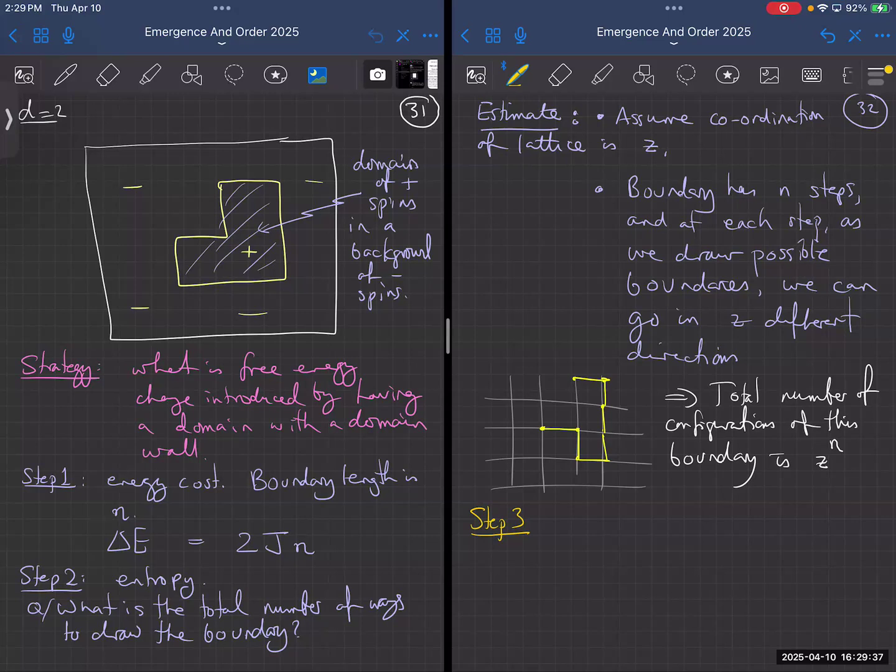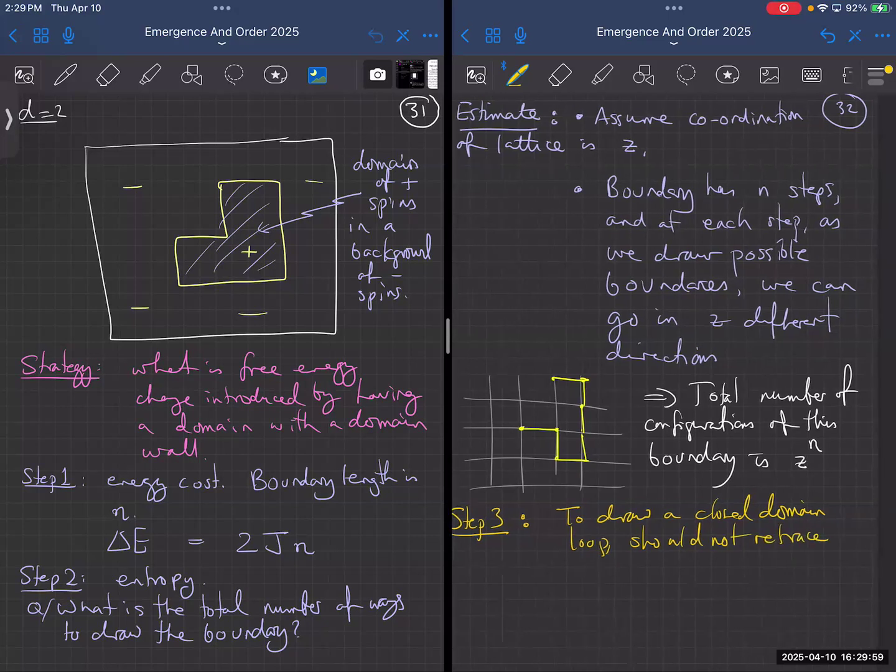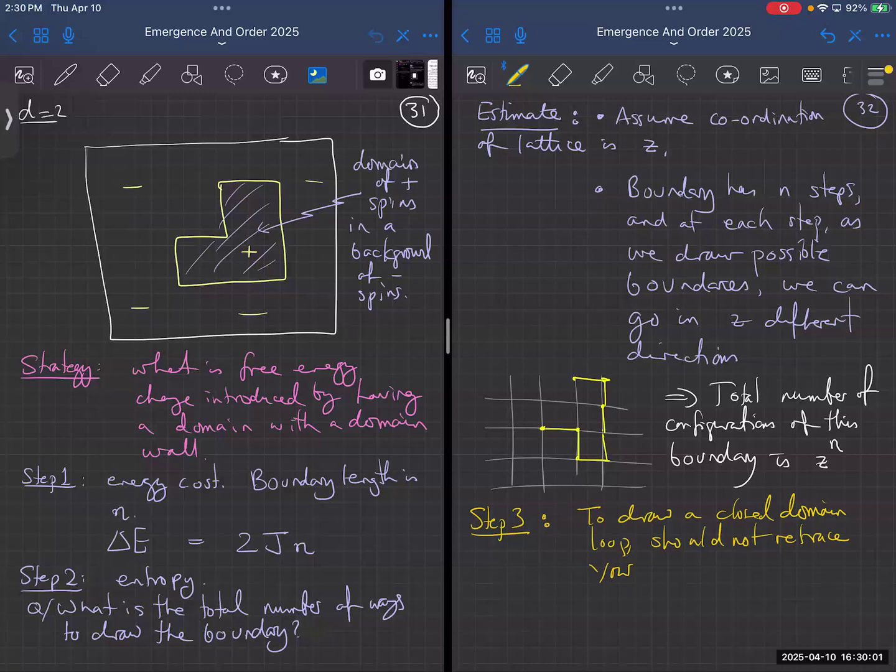Okay, right. So step 3 is to draw a closed domain wall. You should not retrace your step. So we can easily solve that.